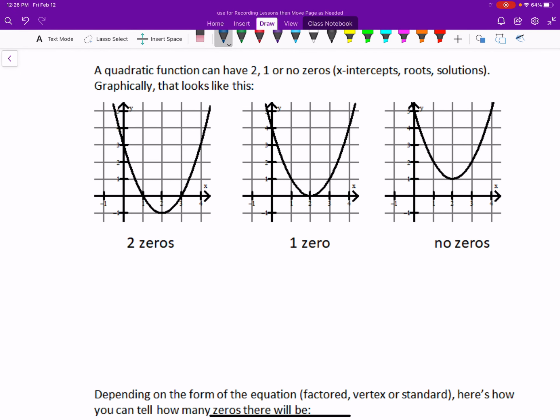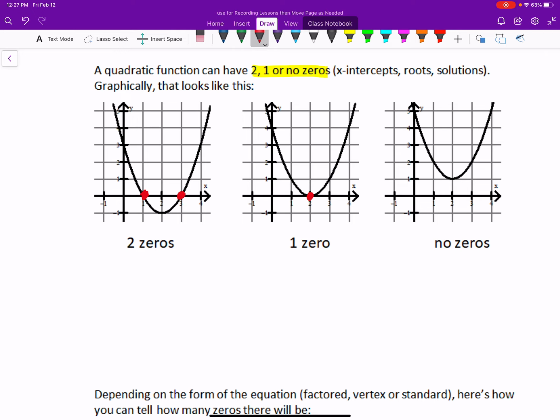Okay, back to talking about zeros for a minute. Quadratic functions can have 2, 1, or no zeros, which we also sometimes call x-intercepts or roots or solutions. So graphically, that could look like this. There's 2 zeros. There's an example opening up, and it crosses the x-axis in 2 places. Here's 1 zero.